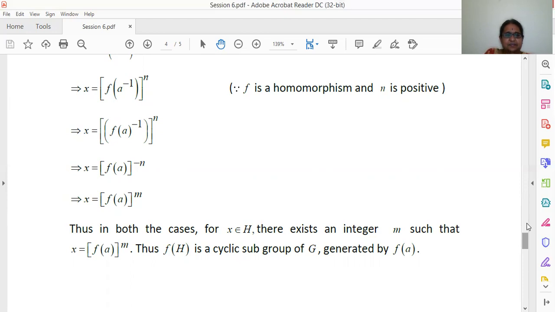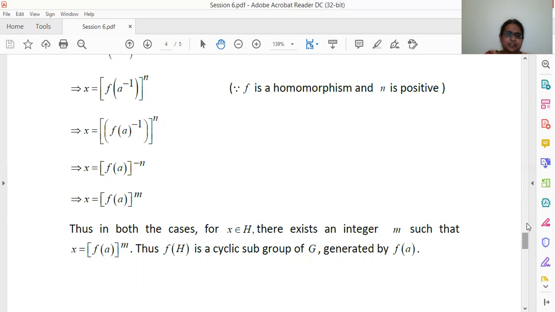And here, the definition of homomorphism depends on the binary operation. That is, if addition is the binary operation for G and multiplication is for G dash, then for all a, b belonging to G, we will have f of a plus b equal to f of a times f of b.